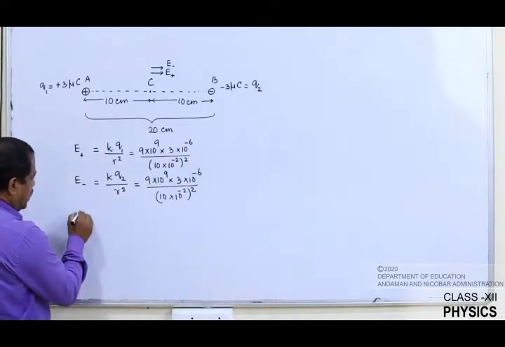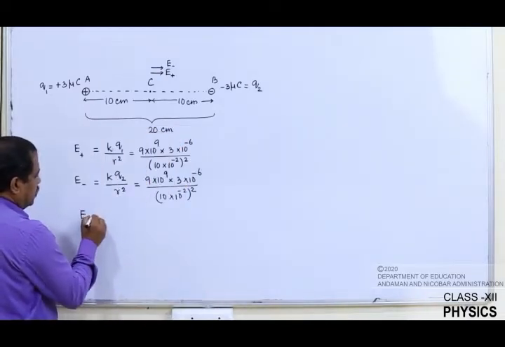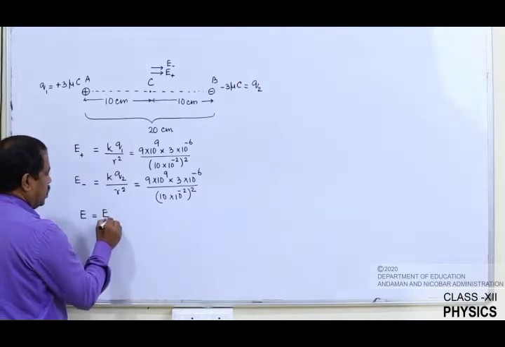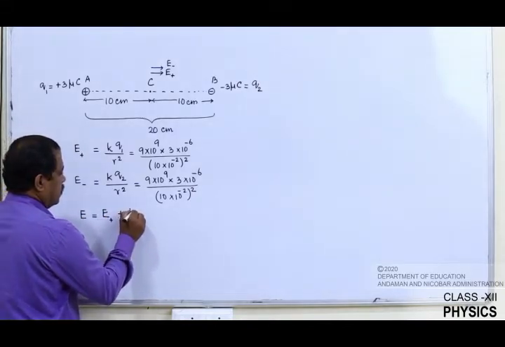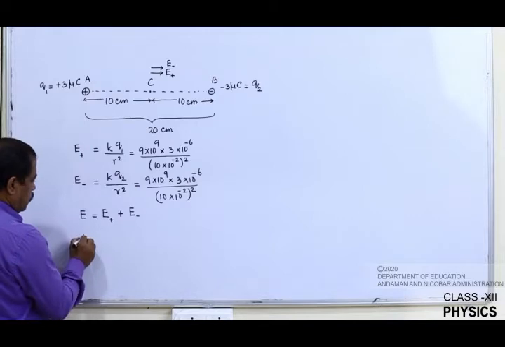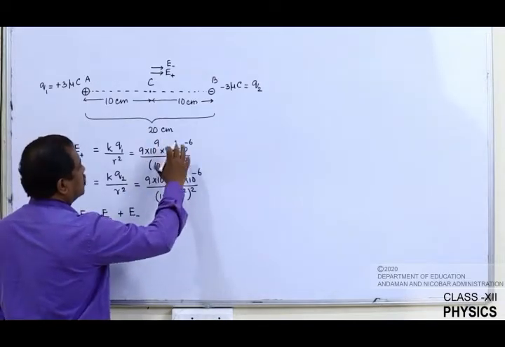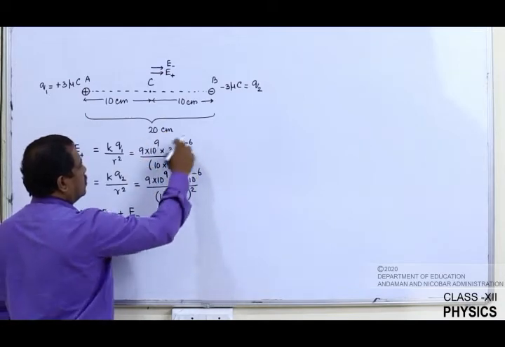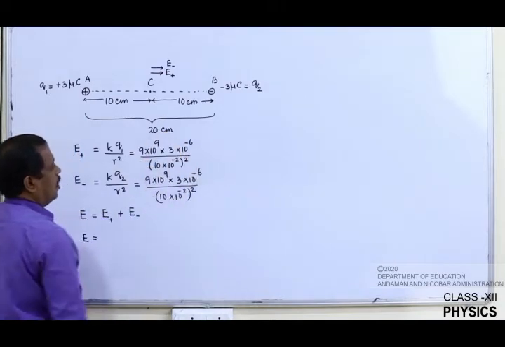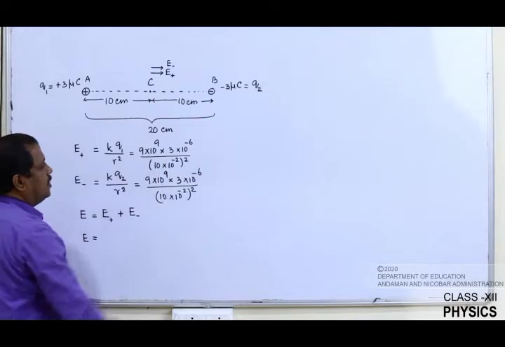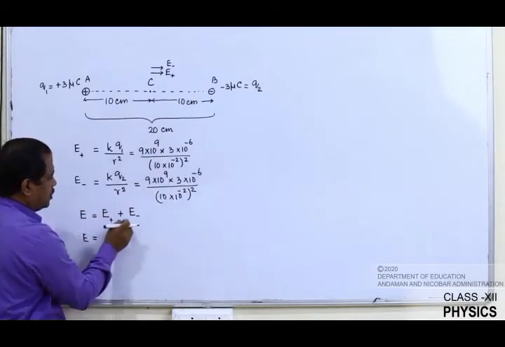As such, the net electric field is equal to the sum of the two, E plus plus E minus, which happens to be this. As you look at the magnitude, this and this, both are equal. If both are equal and I try to find the sum, if this is x, this is x, x plus x will be 2x.